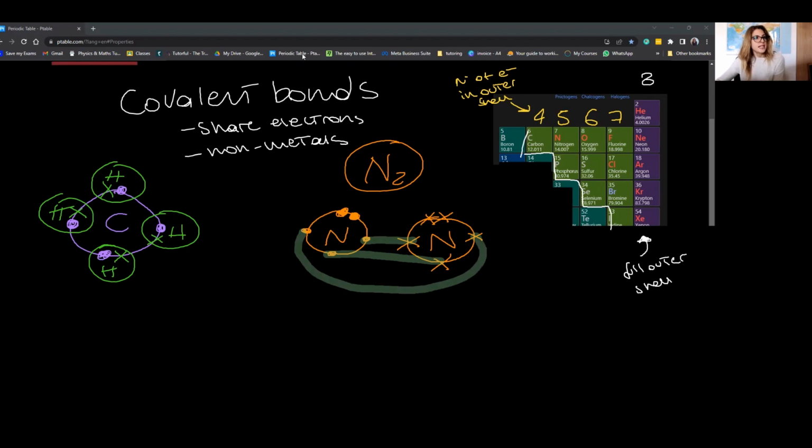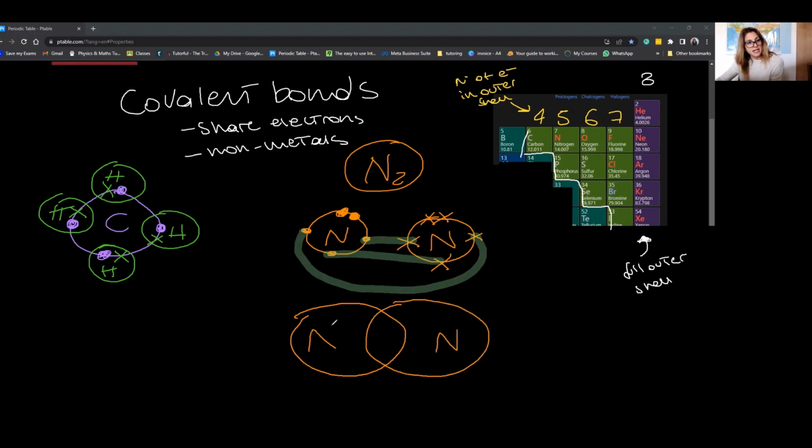Working it out separately like this helps us understand the type of bond present between those atoms, because each nitrogen shares 3 electrons. So there are going to be a total of 6 electrons in the middle. And each nitrogen still has 1 lone pair, because when they're already in a pair, they won't bond. And this is called a triple bond.